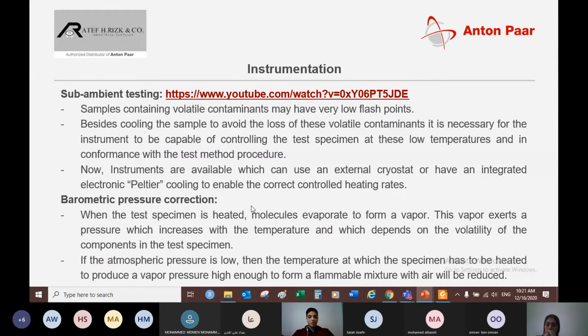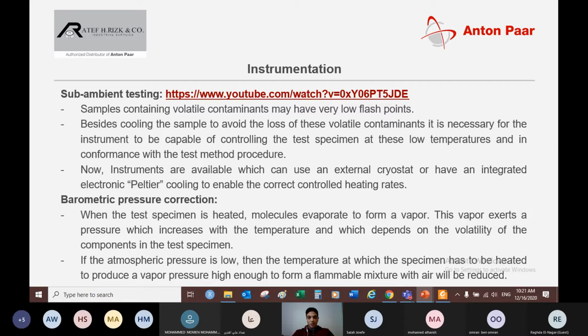For the barometric pressure correction, how about the pressure? Is it affecting the flashpoint test? Yes, it's affecting in some circumstances, like the high altitude areas. Why is it affecting? Because when the sample is heated, the molecules evaporate to form a vapor, and this vapor causes a pressure.